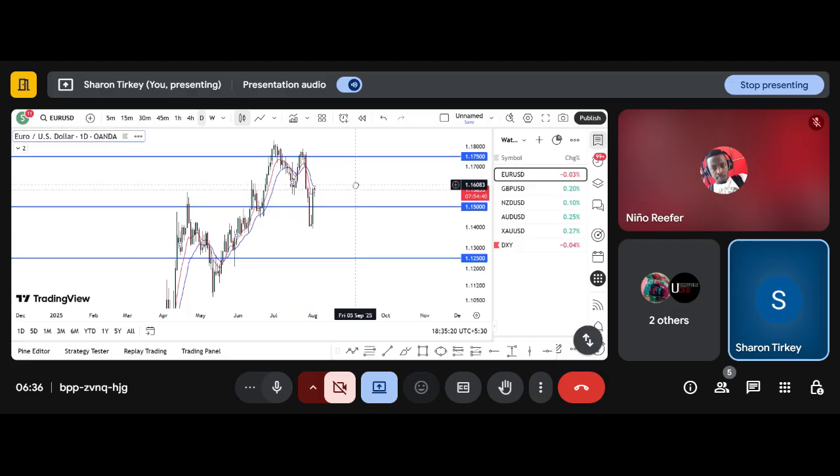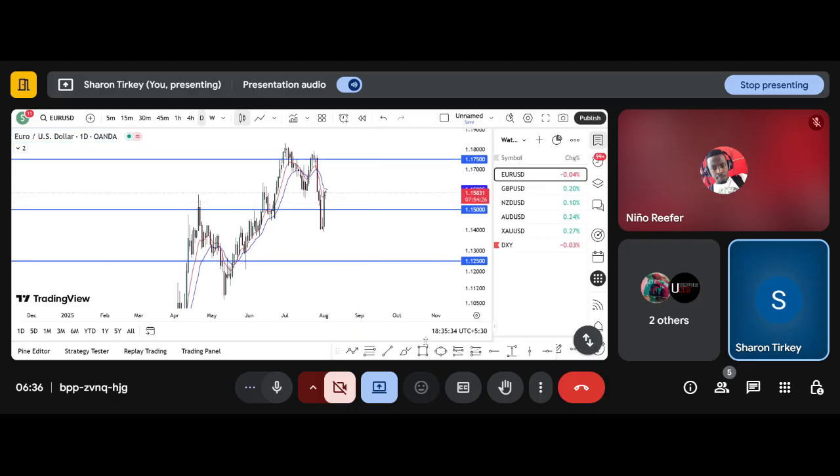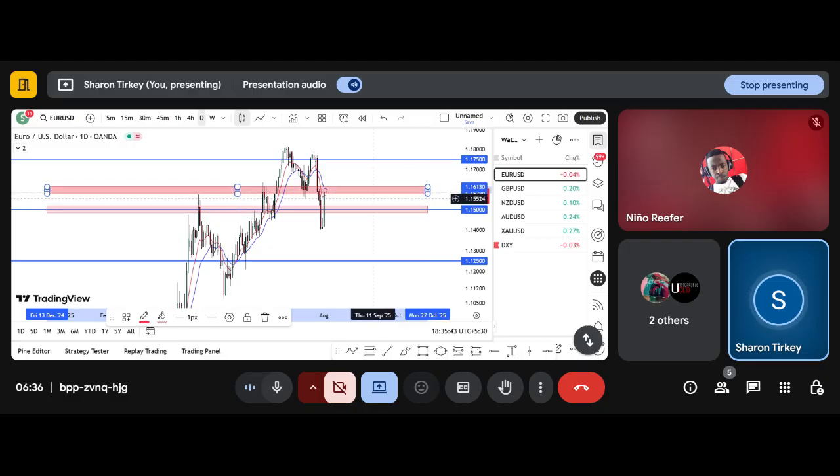It is also called a psychological level, and it is not fixed. This psychological level shifts according to the market. Here the price retests this support level, then goes in its own direction.